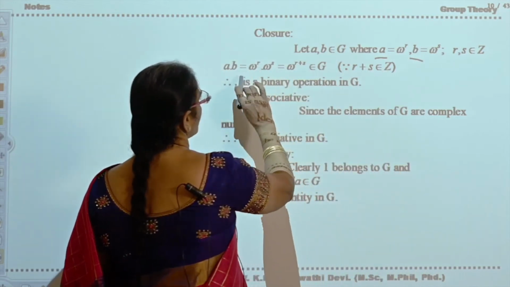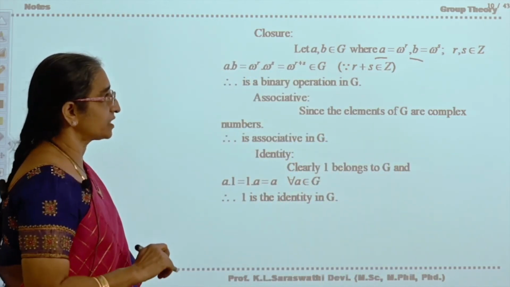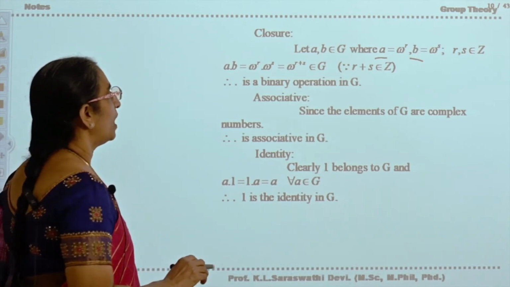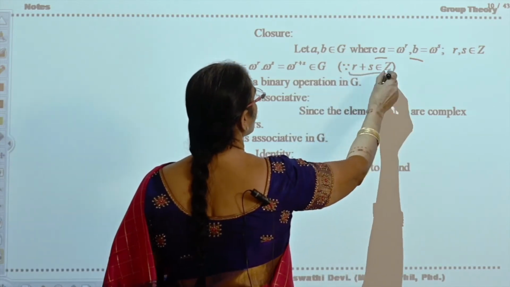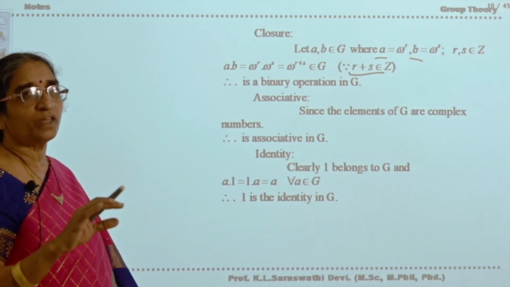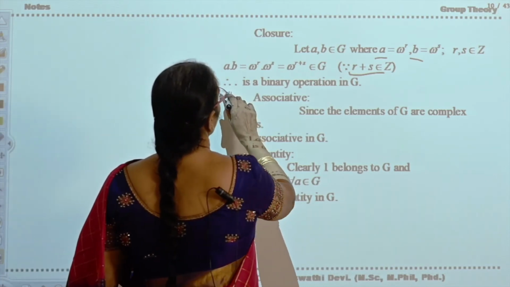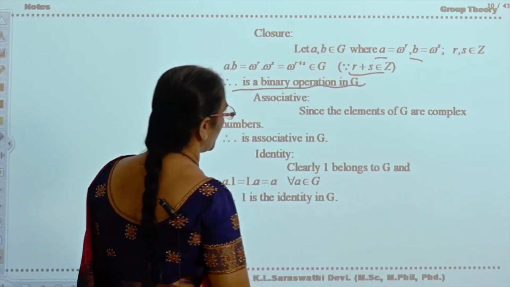Then a dot b is omega power r dot omega power s, which is omega power r plus s and belongs to G, because r is an integer, s is an integer, and Z plus is an abelian group, therefore r plus s belongs to Z. Therefore, dot is a binary operation.